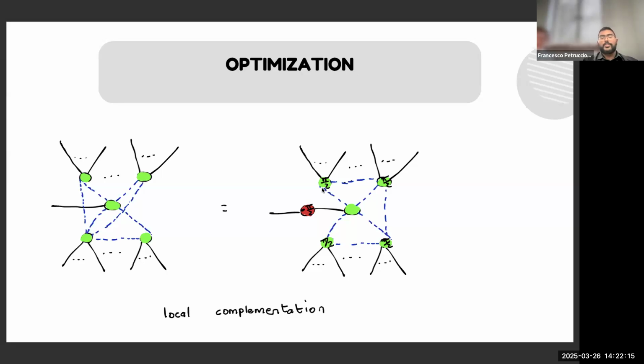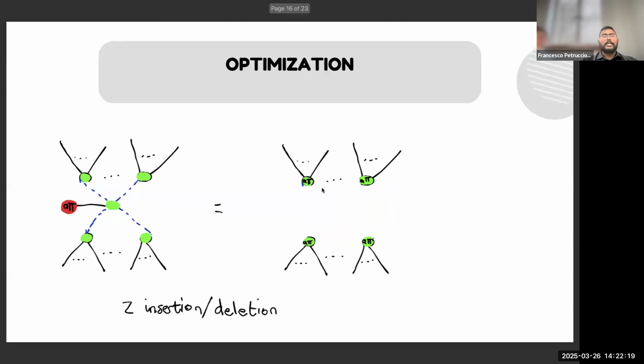But I'm not going to go too much into detail on optimization. The other important property is called Z insertion or deletion, where if we have this red A times pi phase connected to this middle here, it actually cancels out these blue dashed edges, and here A can be 0, 1.